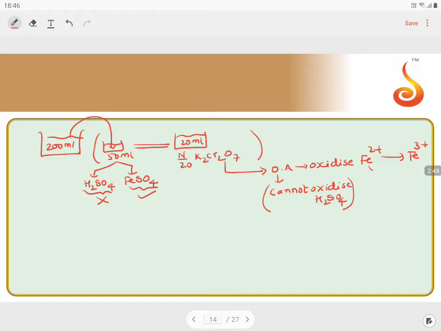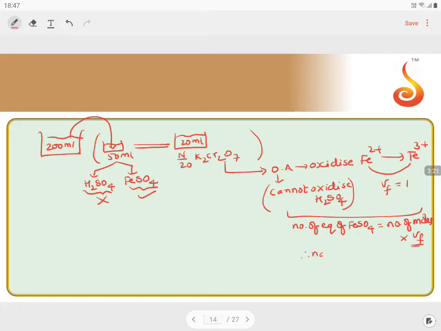Now what is the valency factor? For Fe2+ to Fe3+, the valency factor is 1. So the number of equivalents of FeSO4 equals number of moles into valency factor, which is 1.